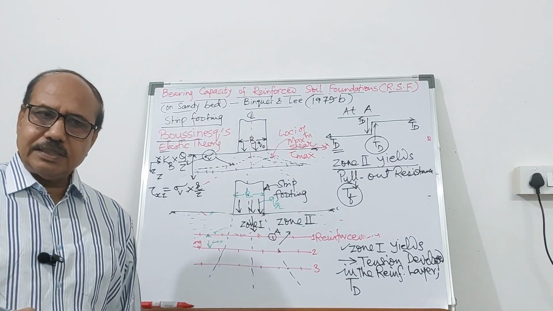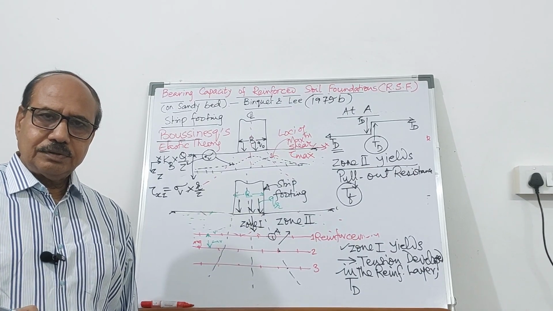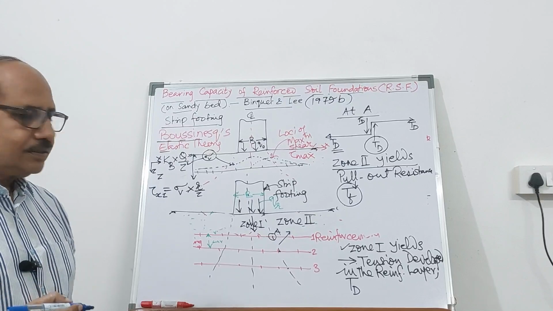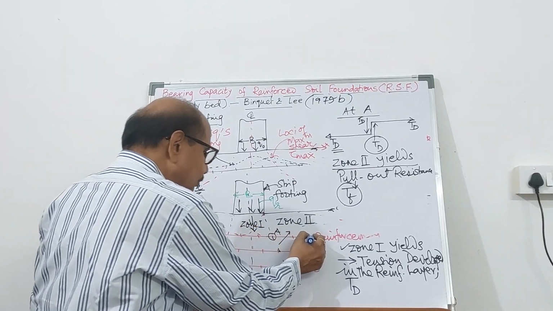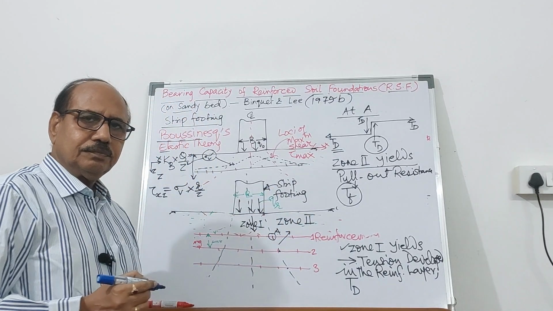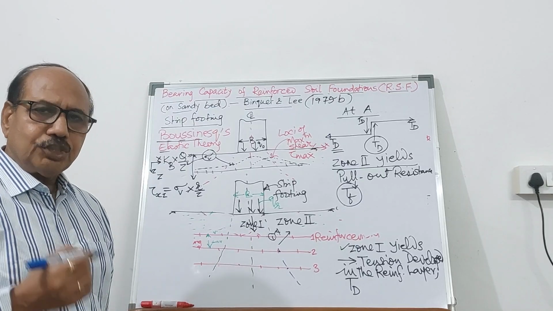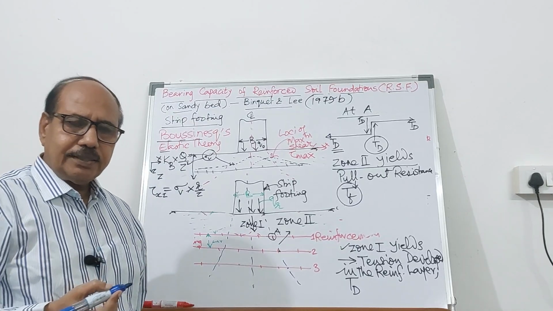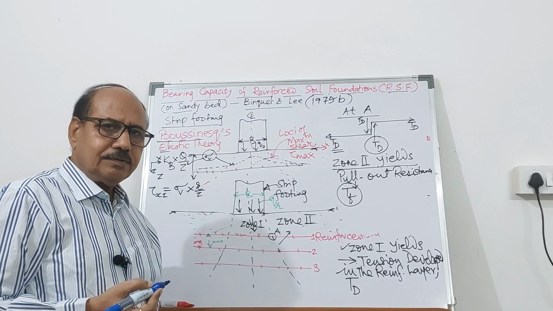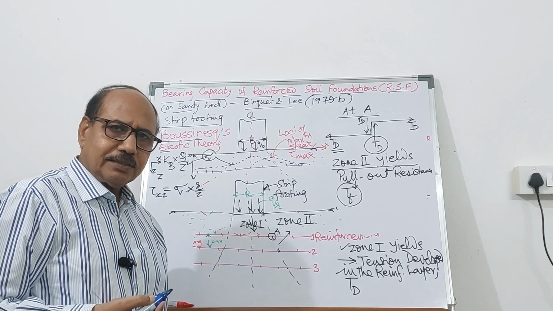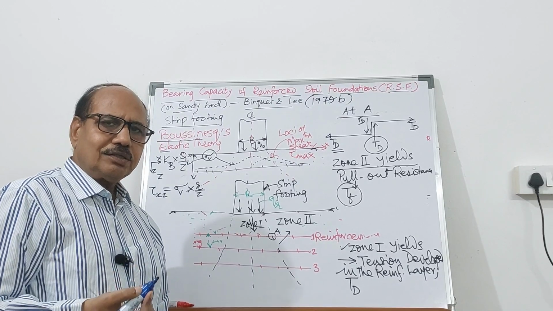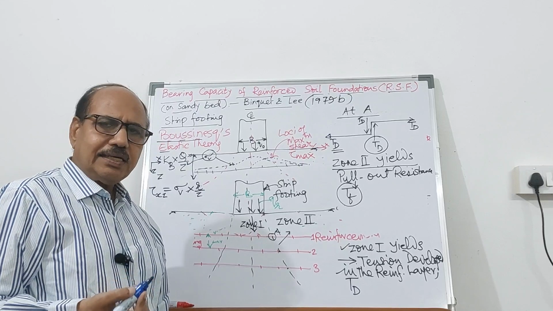TD is the tension developed in the reinforcement. And because tension is going to be developed in the reinforcement, the geosynthetic products, geogrid, geotextile, are all polymeric materials which have very high tensile strength.